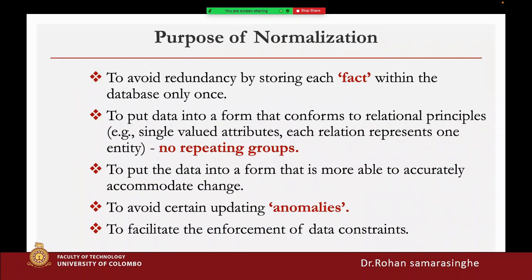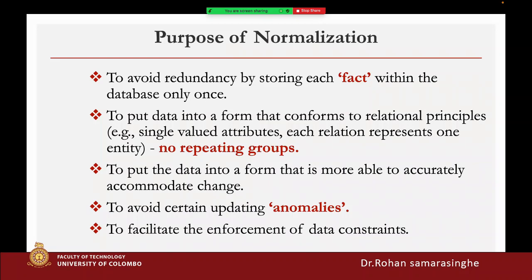You know the purpose of normalization: avoid redundancy by storing each fact in the database only once. That is called reducing the redundancy, and also to put data into a form that conforms to relational principles, that is, single valued attributes, each relation represents one entity, no repeating groups. And to put the data into a form that is better able to accommodate changes.